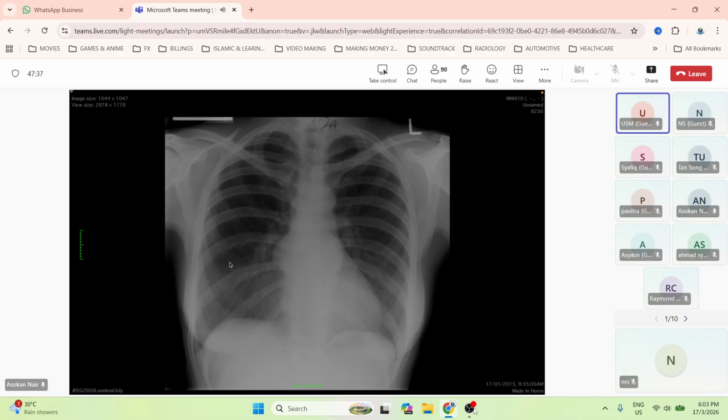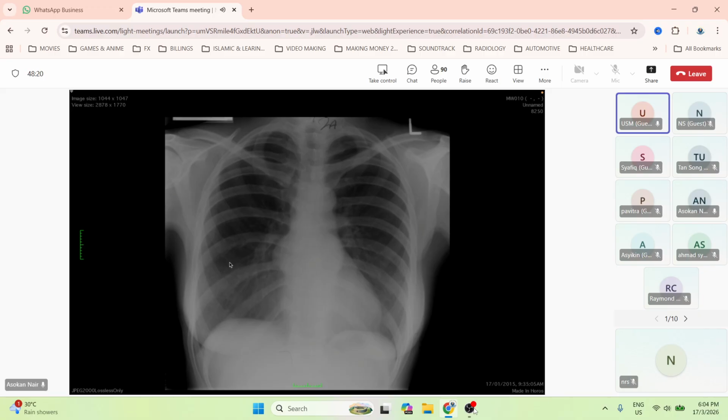Okay, Abu from USM. Given to me is a frontal chest radiograph of an adult patient. There is homogeneous opacity seen at the right hilar region, obscuring the upper part of the right heart border. The medial part of the opacity is not well outlined, which gives an obtuse angle to the lung.